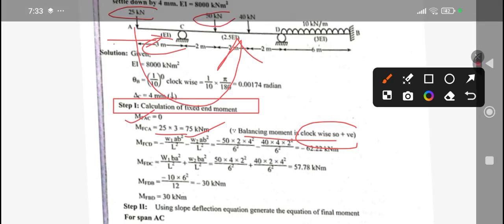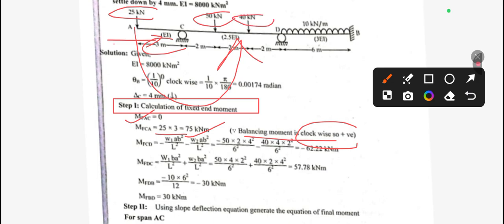Now for C to D, you can see that for the C to D span two loads are applied. Not to worry, we need to apply the point load formula for the first load, and then add the other value. For the 50 kN we need to add minus W a b square by L square. We calculated this value, and we also have the 40 kN load. So for this C to D we have minus W a b square by L square.